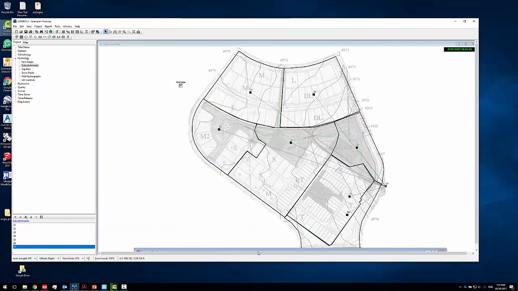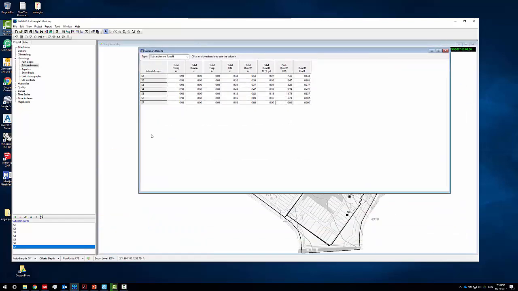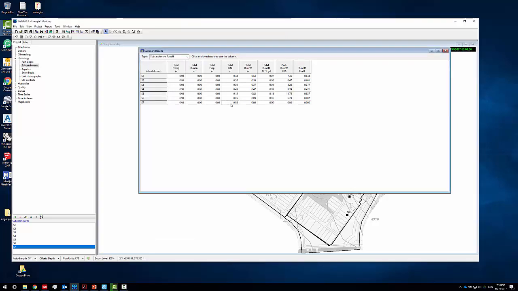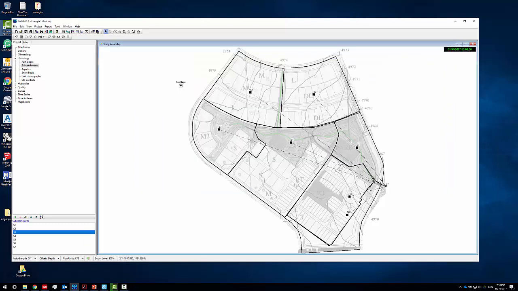The reason is it's all natural, and if you open up S7, you will find the impervious surface is 0. And the pervious surface Manning's number is pretty high, so the infiltration is really good. It infiltrates a lot, but here they didn't infiltrate that much. S3 is kind of in between. See here, S3 is like half.